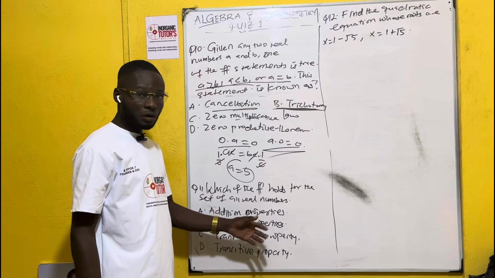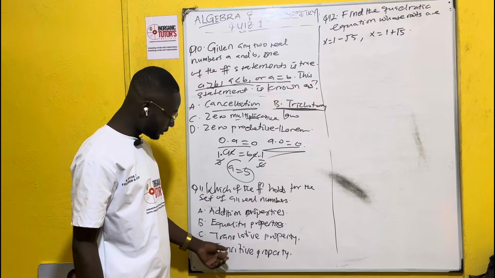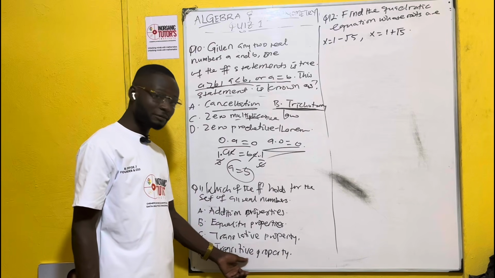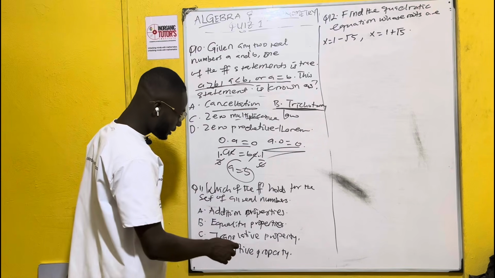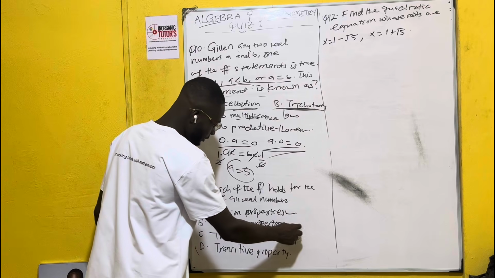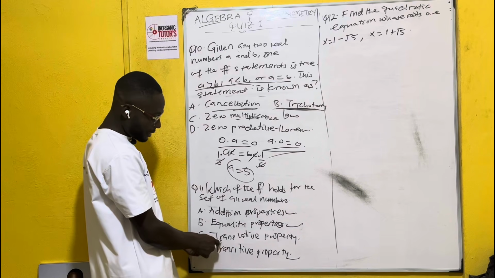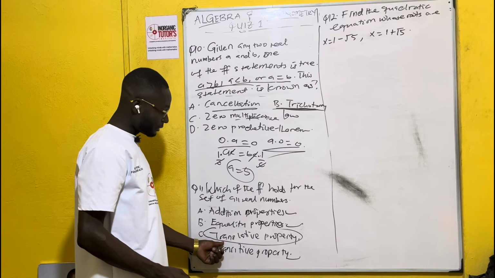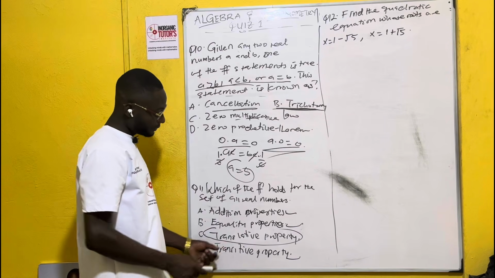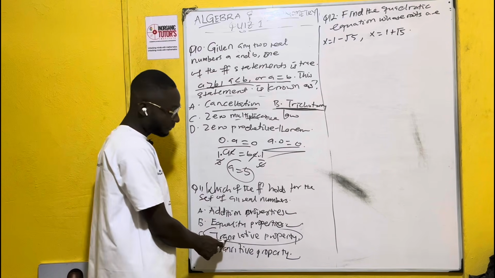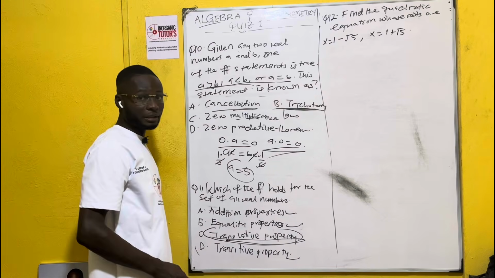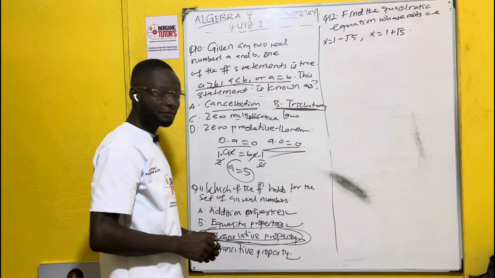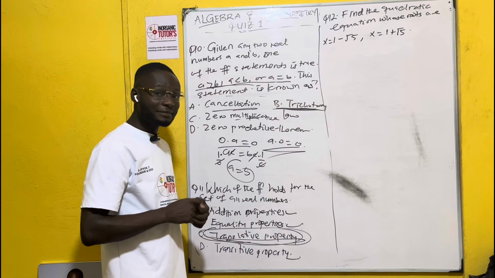The equality law also works, and the transitive property also works. So basically, this works, this works, this works, and this is the only exceptional one. This is not a standard property for real numbers. So the only odd one out here is the translative property.